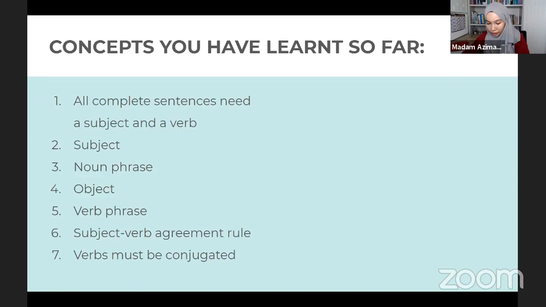All right. Now, we have a bonus one, a bonus concept. Have you guys heard of this one? Concept 8, the past participle. I know it's a strange name, but it's actually easier than you think. So I want you to write this down, the past participle, in your notes.